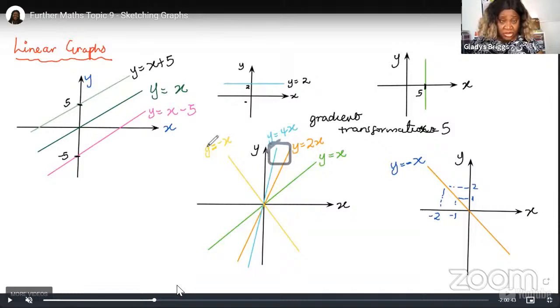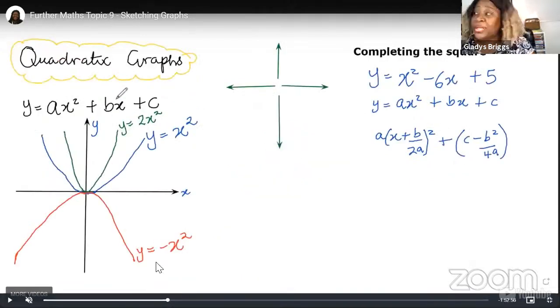And then the next question, you need to be able to sketch and transform quadratic graphs. So that's the last and the biggest question, okay? You got one question, one graph to sketch and transform either sine or cosine. And then you have another graph to sketch and transform quadratic.